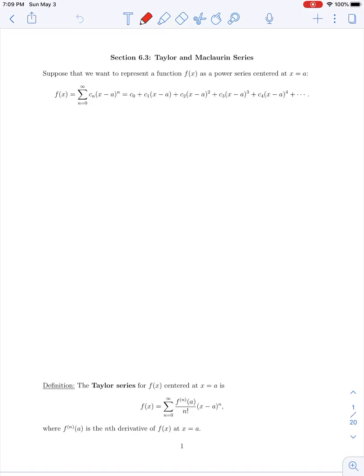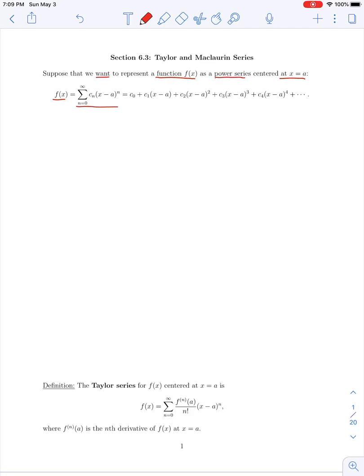So throughout this section, here's our problem that we're considering. Let's suppose that we want to represent some function, let's call it f of x, as a power series centered at x equals a. So our goal here is to take this function f of x that we're given and write it as a power series centered at a.